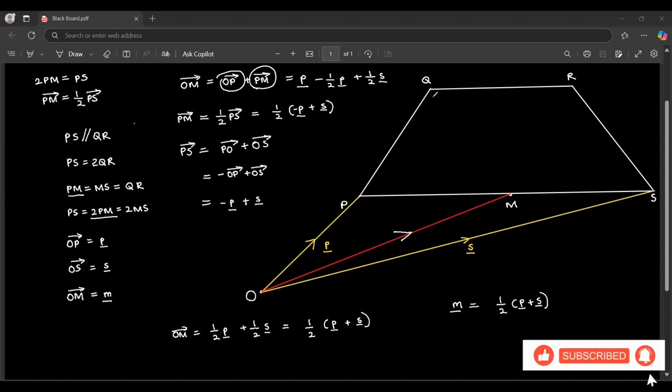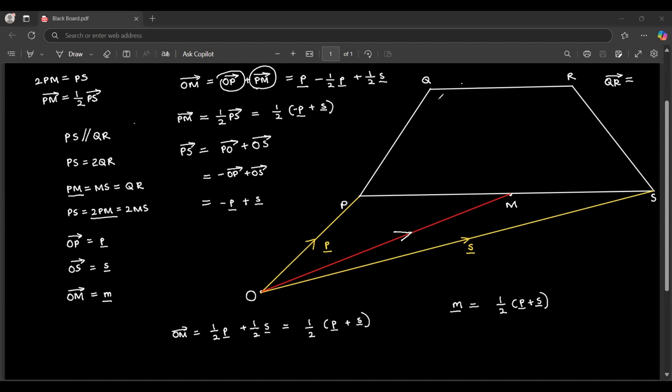I don't know why they gave QR. I really don't know. If they had asked us to find QR, then we can say that is equal to PM.